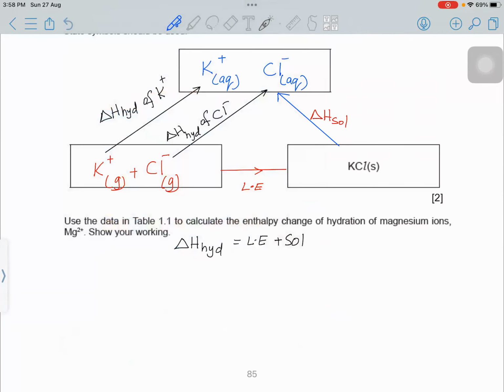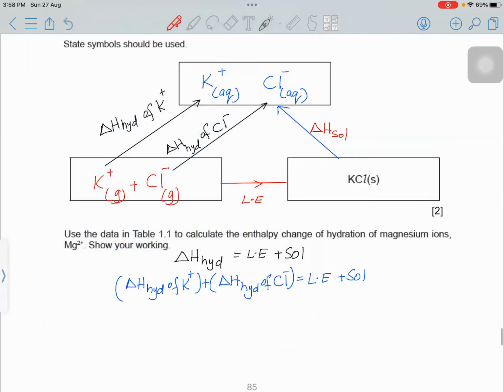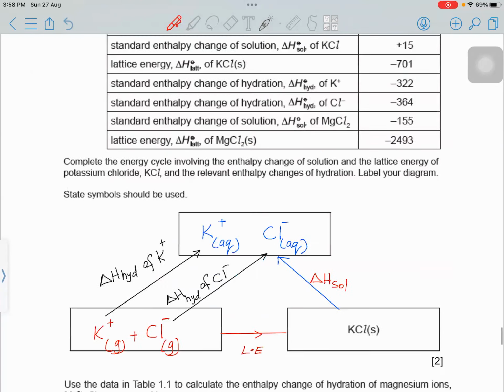So delta H hydration of potassium plus delta H hydration of Cl minus is equal to lattice energy plus solution. So hydration energy of potassium is, I think, required.